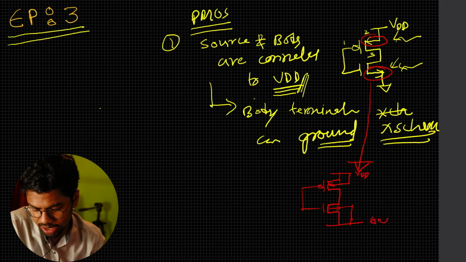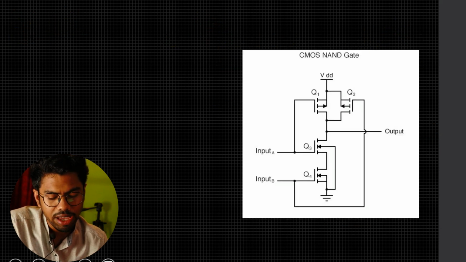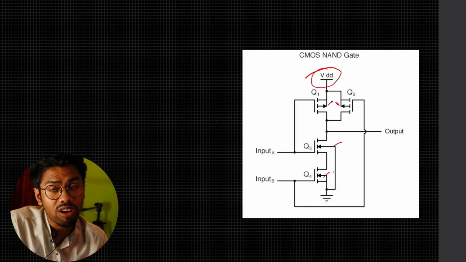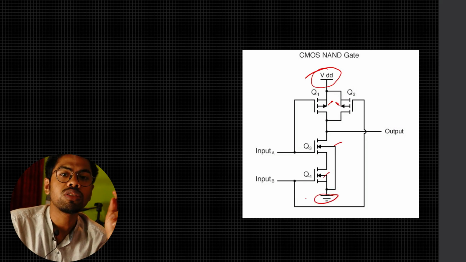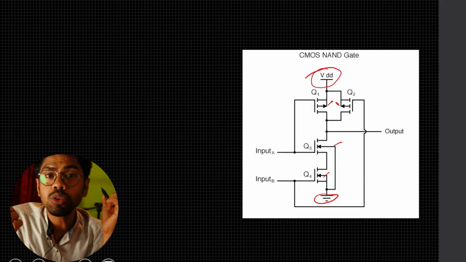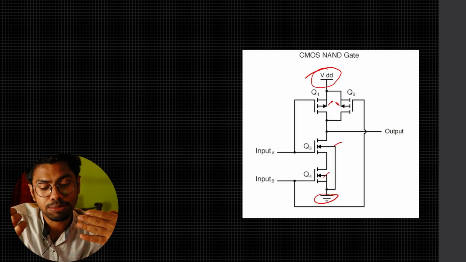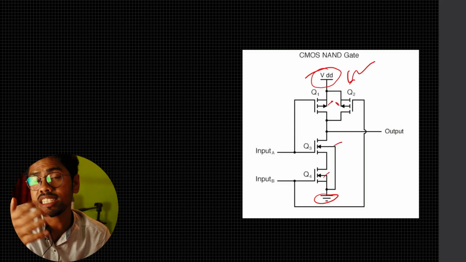And if we see another example, for example a CMOS NAND gate, you can see that the body terminals of the PMOS are connected to VDD and the body terminals of the NMOS are connected to ground. This is the exact way whenever you go to any EDA tool to capture your circuits. To give this answer, we need to see the cross section of the exact device, because these schematics are just symbols.